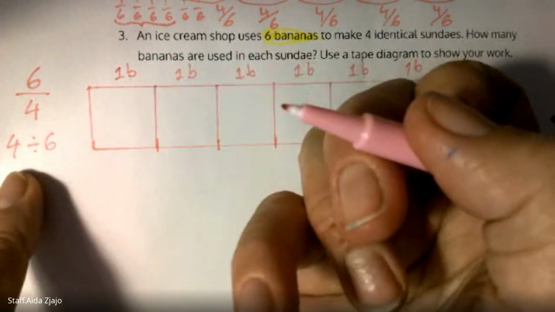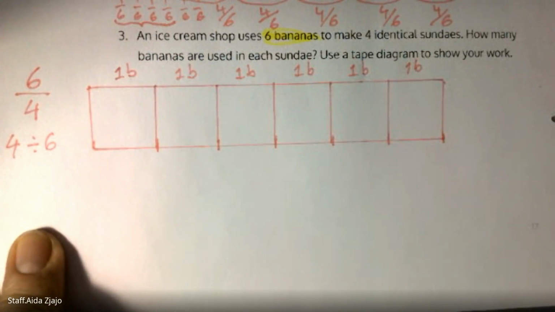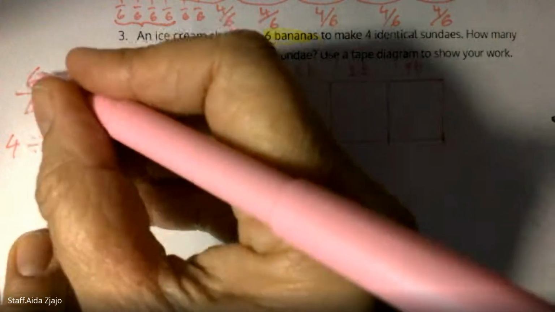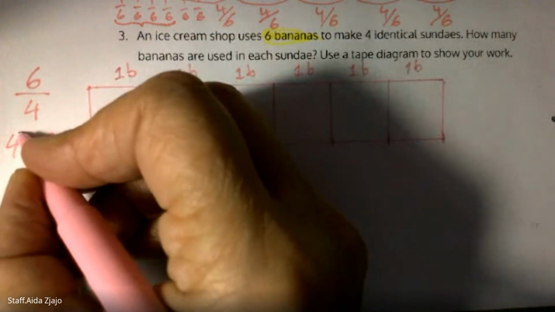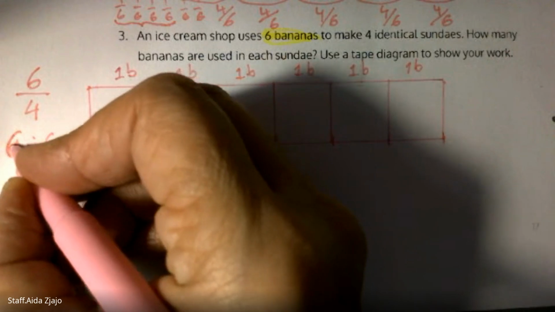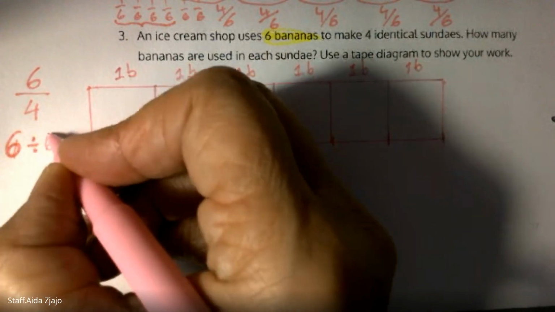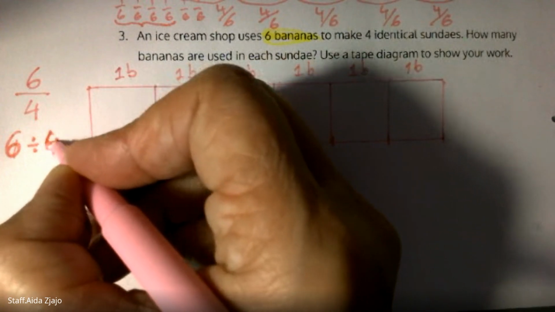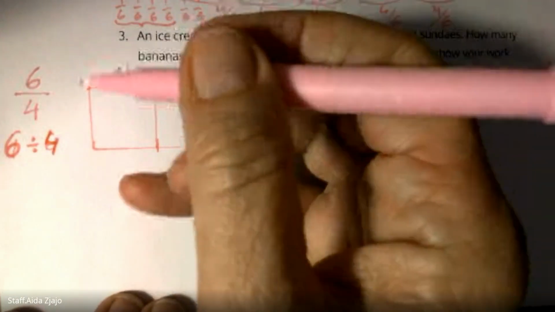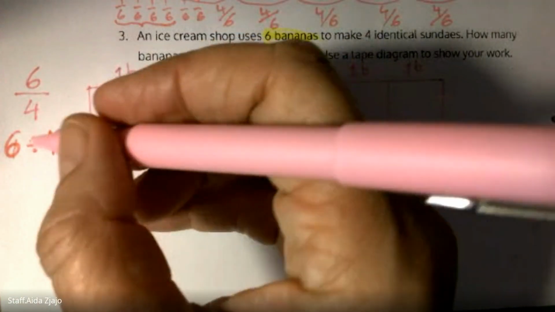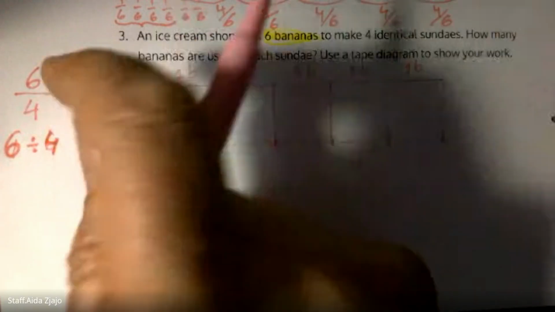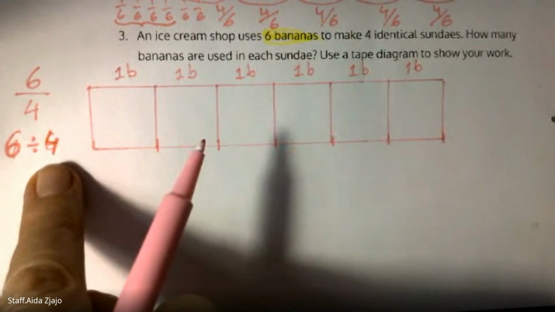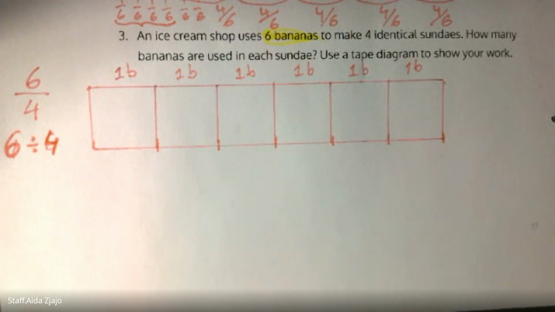You see, I made a mistake here. What did I do wrong? What you have is first, and what you are sharing with is your second number. So if I have 6/4, I need to divide 6 into 4 pieces.